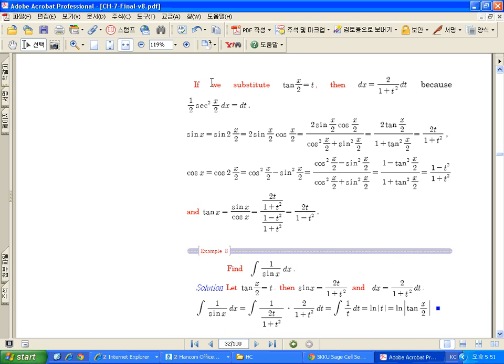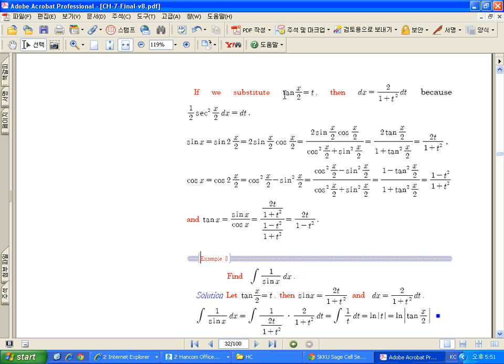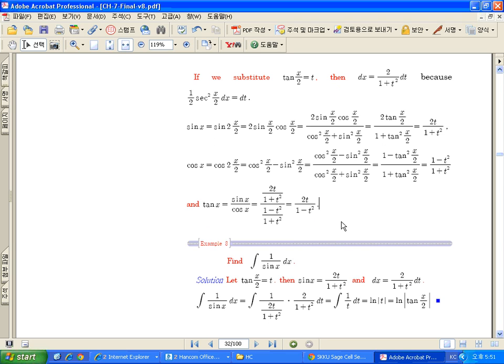Here is another technique which you had better know. When you need tangent of x over 2, let t be the tangent of x over 2. Then tangent of x can be written as 2t over 1 minus t square. Sine x can be written as 2t over 1 plus t square. Cosine x can be written as 1 minus t square over 1 plus t square.